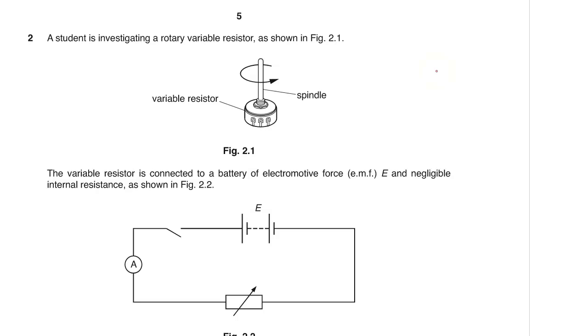Let's go to question number 2. A student is investigating a rotary variable resistor, this one here. The variable resistor is connected to a battery of EMF E and negligible internal resistance. There's an ammeter there, there's a switch, and of course the variable resistor.